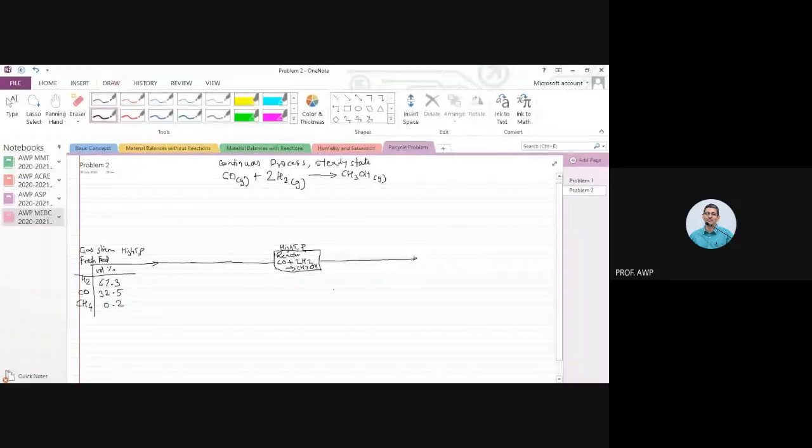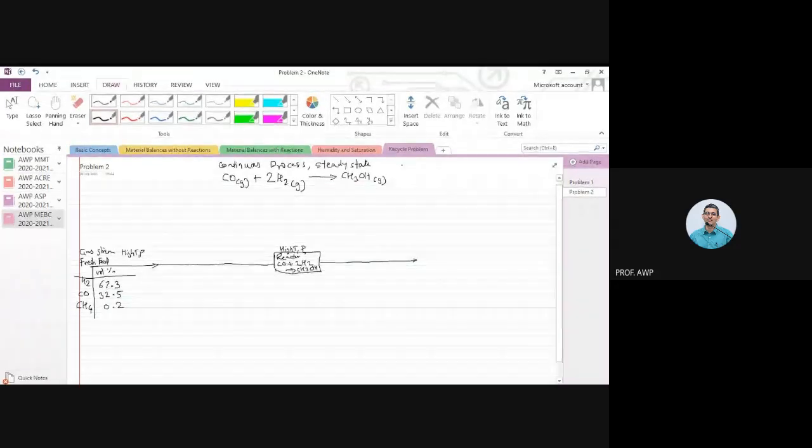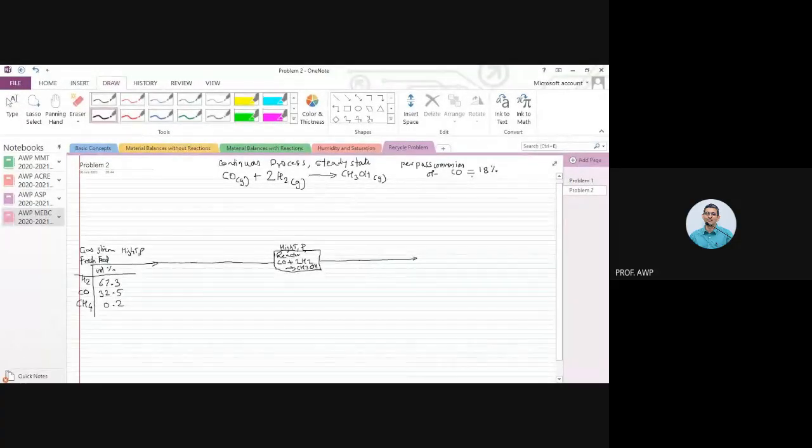Now, the per pass conversion of carbon monoxide is 18%. Okay, so obviously all the carbon monoxide does not react.